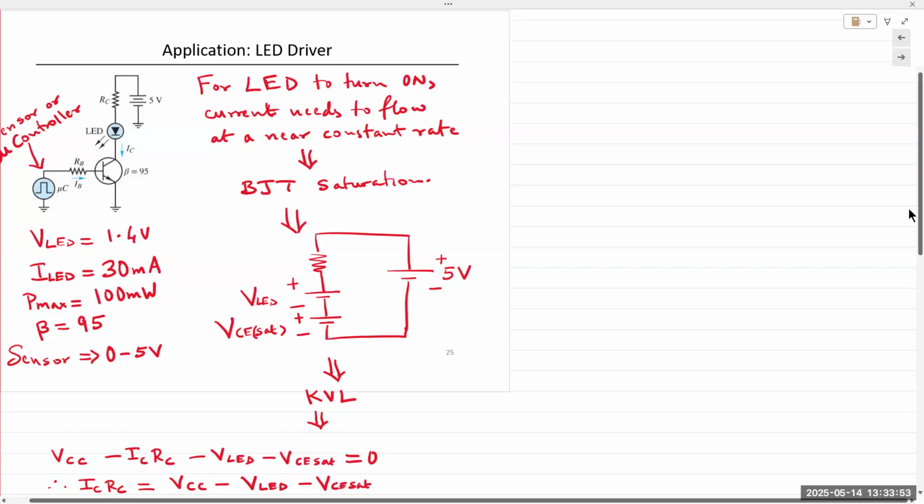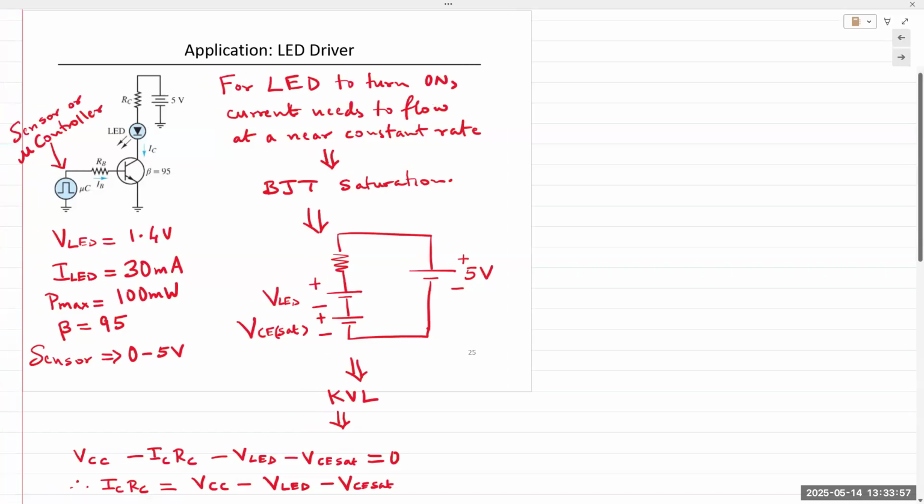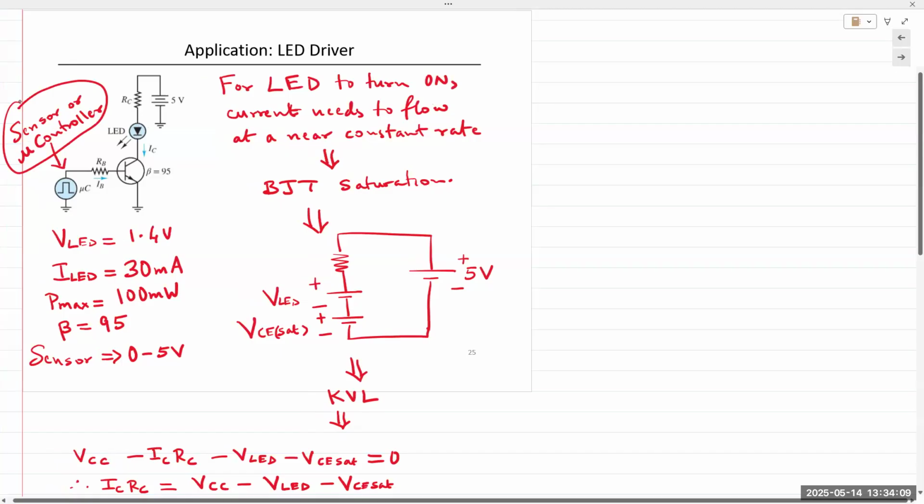So let's say this is the output of a sensor or microcontroller right up top, right here. The mu C is not microcoulombs, it's just the author's notation for a microcontroller. Every time an event occurs, a light is supposed to flash, as in something has happened.